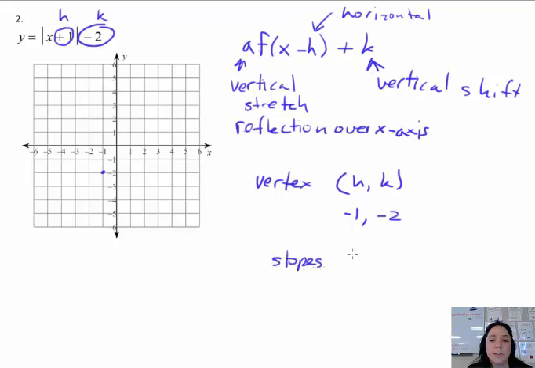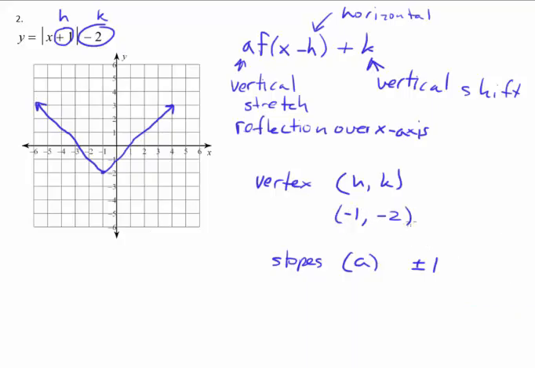So our slopes from a are going to be plus and -1. So from here, it's going to go on up, and over here, it's going to go on up, forming our V shape, with the vertex at -1, -2.